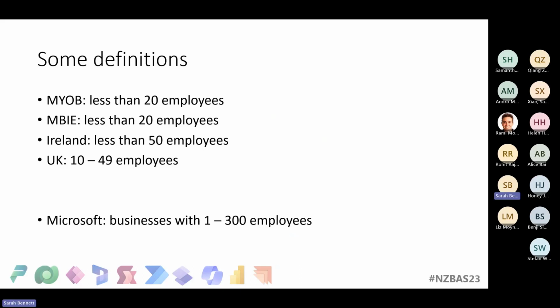So if we think about it in New Zealand, an organisation that has up to 300 employees, say 280 employees, that's a large company, especially if that company was out in the provinces. That would be a significant employer in that region. And so Microsoft and I don't necessarily agree on what a small business is.